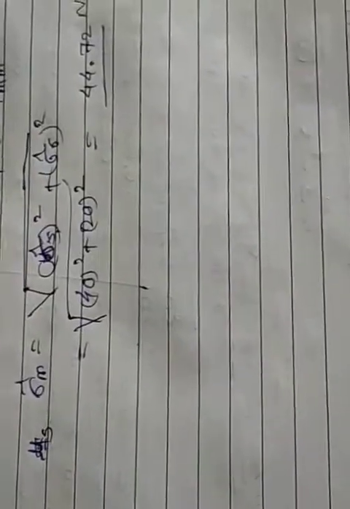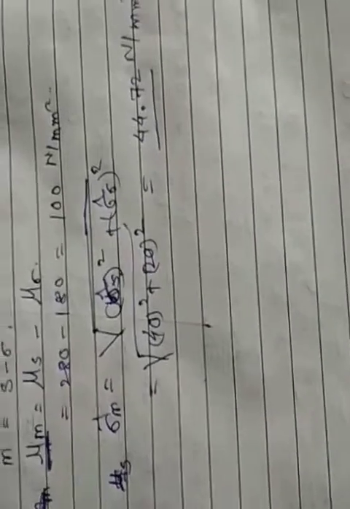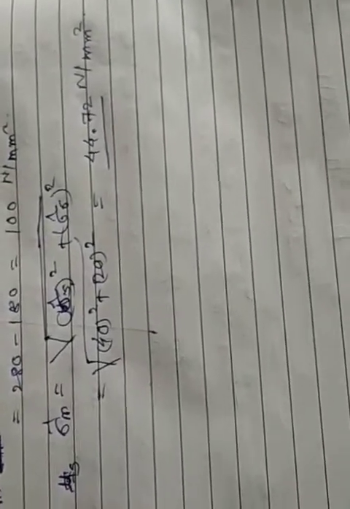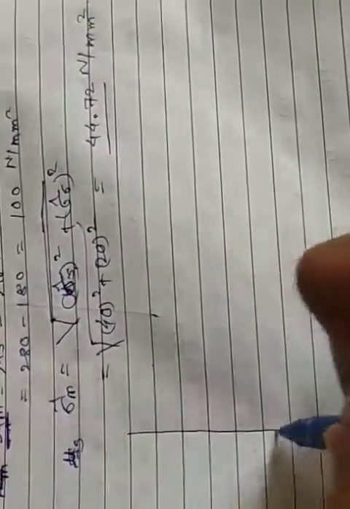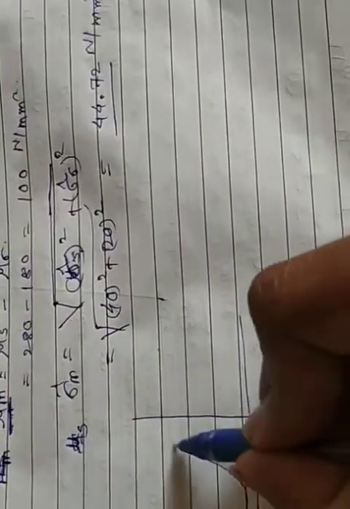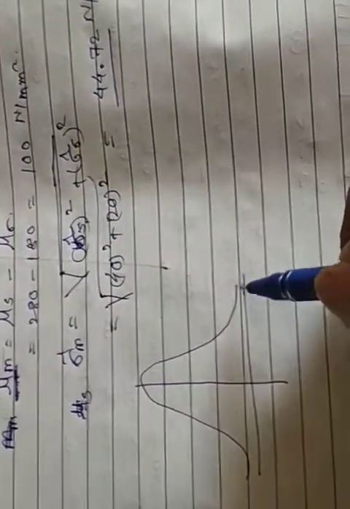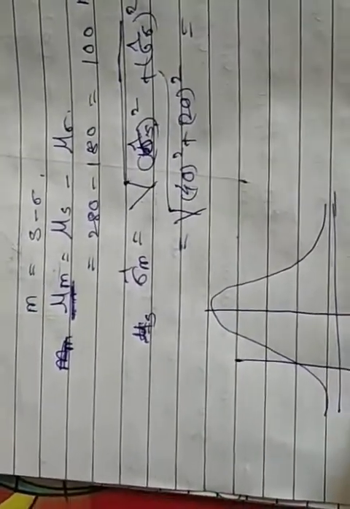Now while learning the margin of safety, if you remember, I taught the margin of safety normal curve for the margins, and also I showed m is equal to 0.